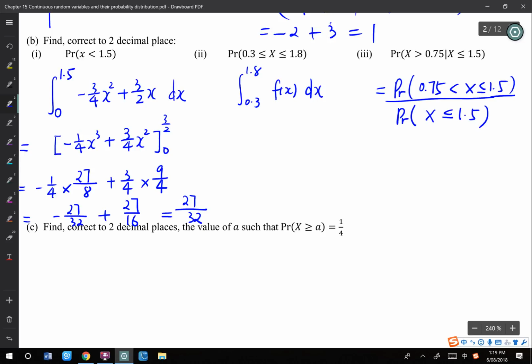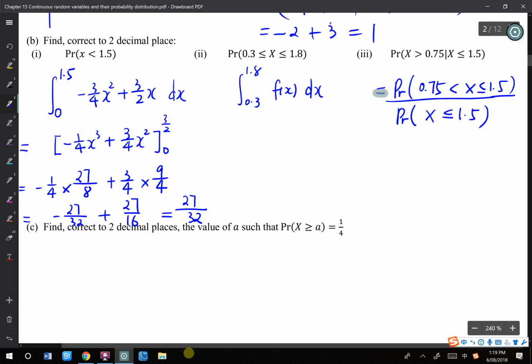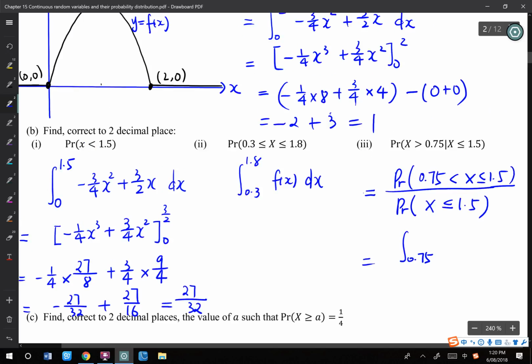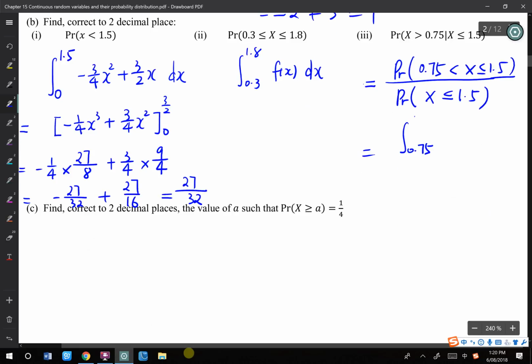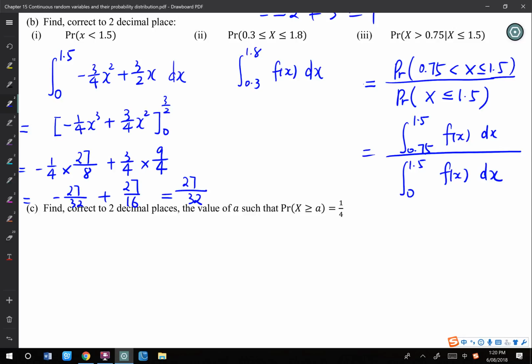Less than or equals to. Okay. You will get used to it. We do a lot in this chapter. And then you can find the integral of 0.75 to 1.5. Okay, so that's what we'll have. And you can use calculator to do that.